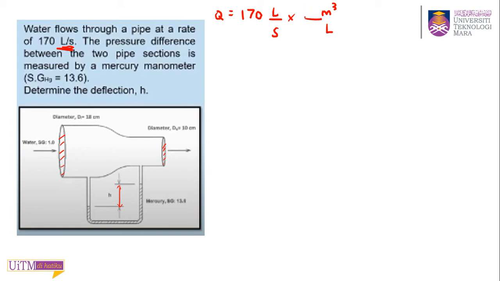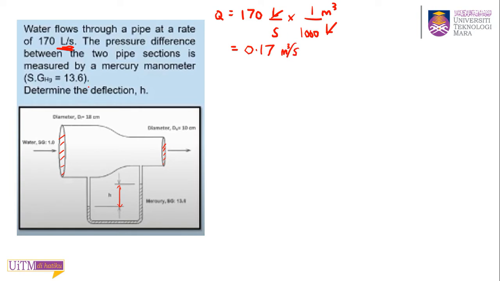Okay, so that's right. Or we can divide by 1000. Okay, 1 meter cube is equal to 1000 liter. So that's why you can cancel out the liter. So this will give you 0.17 meter cube per second.